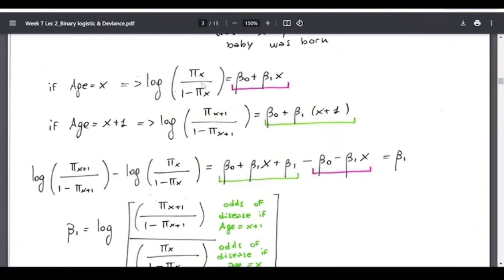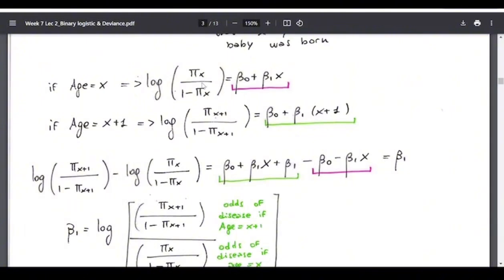Now, when you are considering age, it is not categorical. Age is continuous. What we can do is consider a unit increase in age.